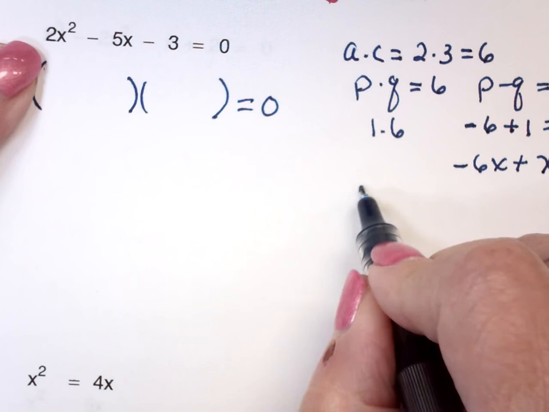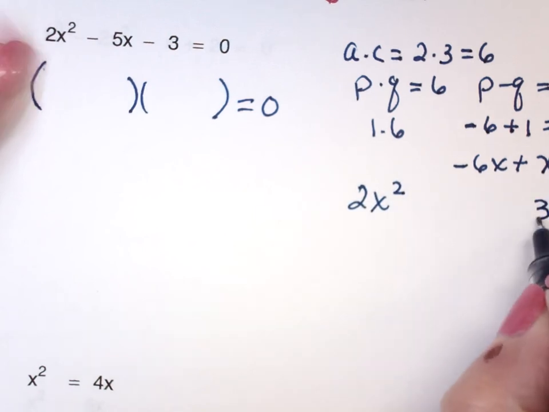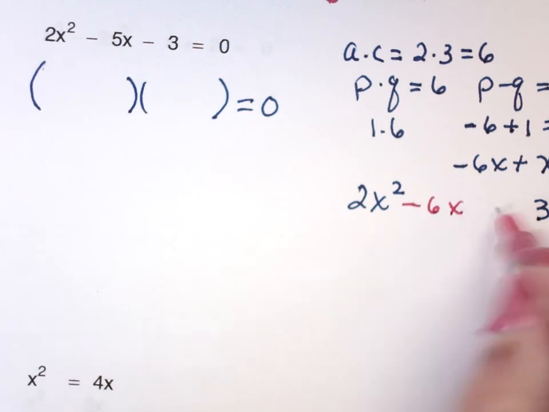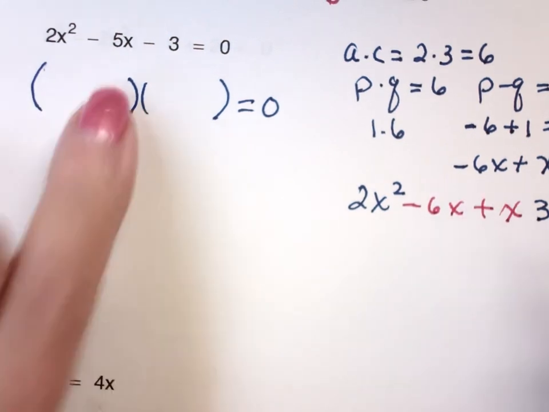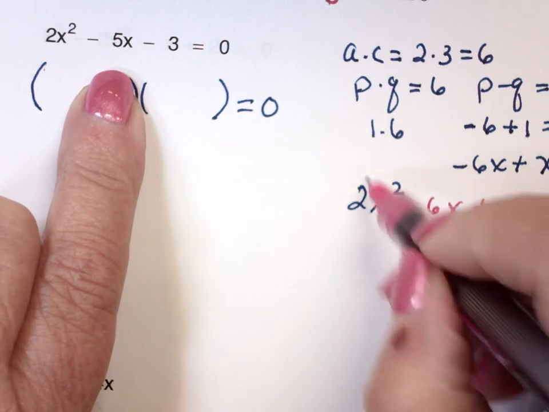So I'm going to take 2x squared and 3. This is going to be a negative 6x plus x. That's your negative 5. And that's going to be a minus 3. And then group.